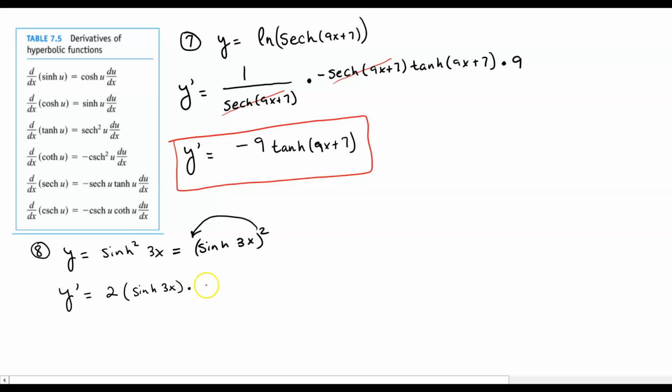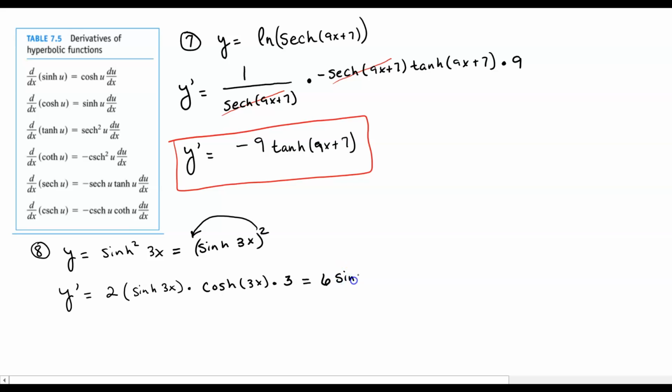And now we're going to multiply it by the derivative of the inside, which the derivative of sinh in this case is cosh. So the cosh of 3x. All right, and then we're going to multiply it by the derivative of the inside, which the derivative of 3x happens to be 3. And so I think we're good here. We end up with something like 2 times 3, which is 6.